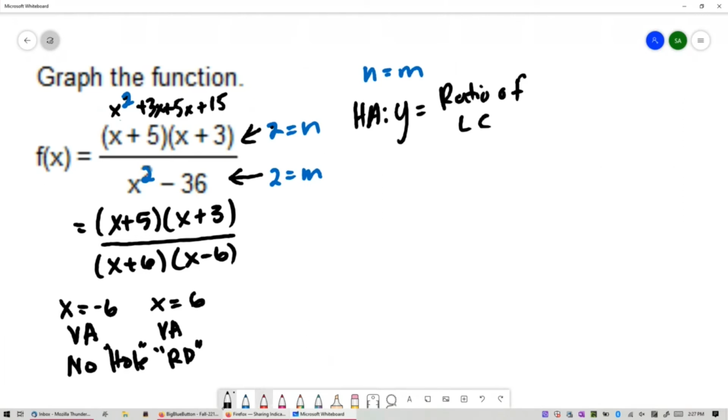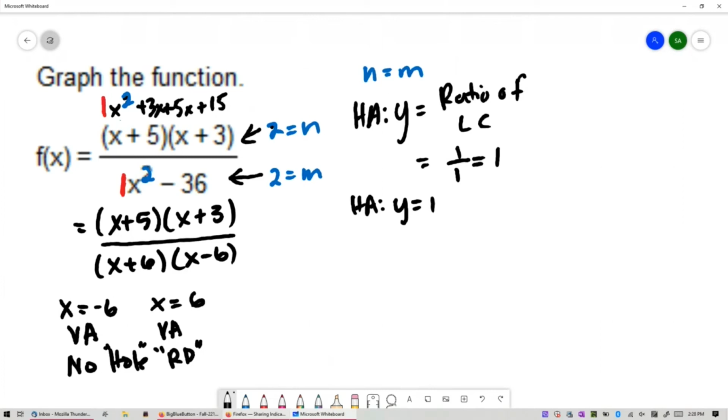Now, our leading term here is x squared, and it has a coefficient of 1. And our leading term in the denominator is x squared, and it has a coefficient of 1. So the ratio of 1 over 1 is 1. So this rational function has a horizontal asymptote at y equals 1.